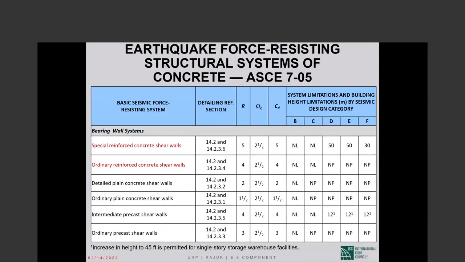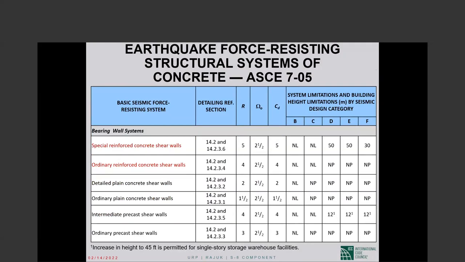Now, when it comes to shear walls, as I pointed out, shear walls can be used in bearing wall systems, in building frame systems, in dual systems. And dual systems may be with intermediate moment frames or special moment frames.